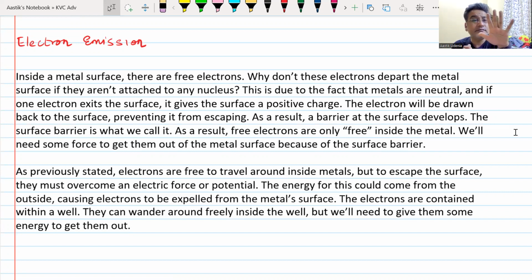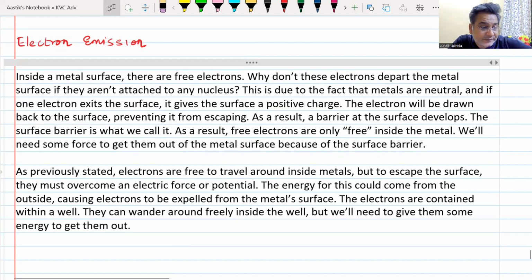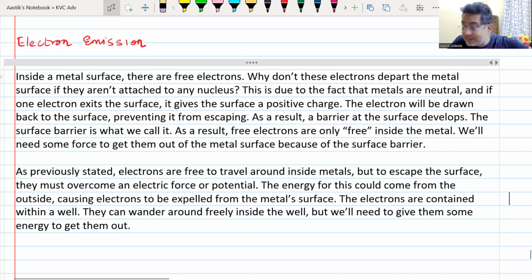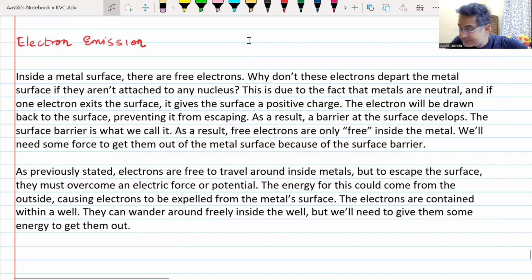They can only move inside that metal. Now, in order to make them free, we need to provide them energy. You don't have to write all this; this is just to explain that electrons are free only inside the metal.